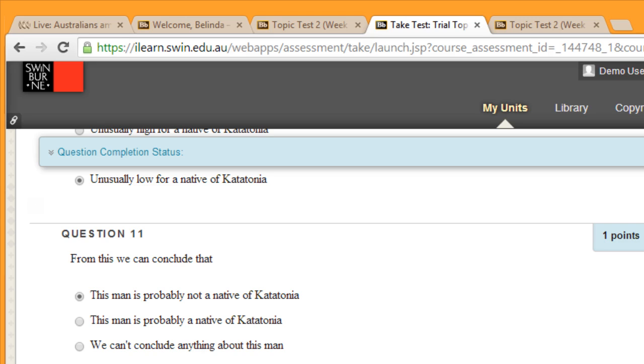They will be more than 2 standard deviations from the mean. But nonetheless, in statistics, if a case is more than 2 standard deviations from the mean, it is typical to conclude that that case is unlikely to come from that particular population. So we're going to say this man is probably not a native of Catatonia.